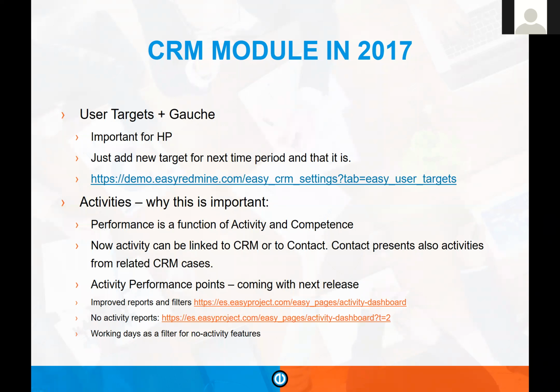At the beginning, we had activities only linked to CRM cases, basically to opportunities, but it was not enough. We also want to plan activities related to a client, which is maybe more general, or a certain person, not just the opportunity.